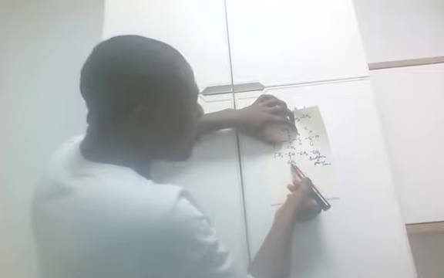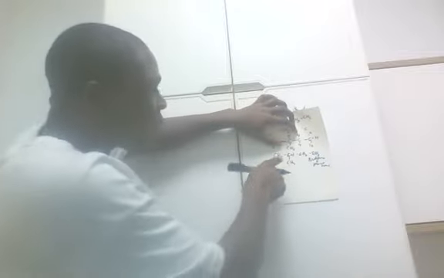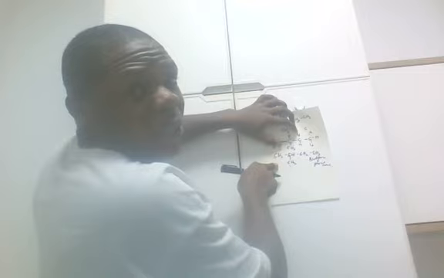Starting from this side, the branch is at the second carbon. But if I start from the other side, 1, 2, 3, the branch would be number 3, which is larger. So I must start from this side, as per that rule.